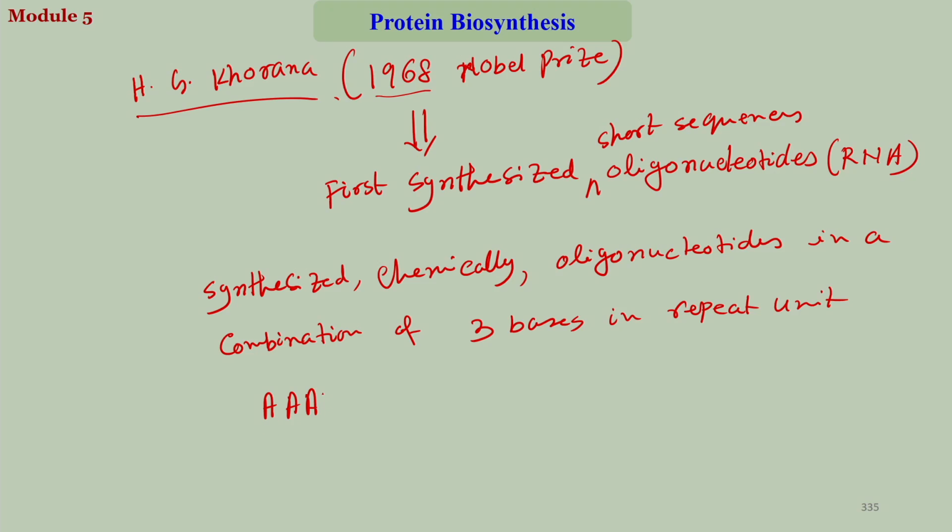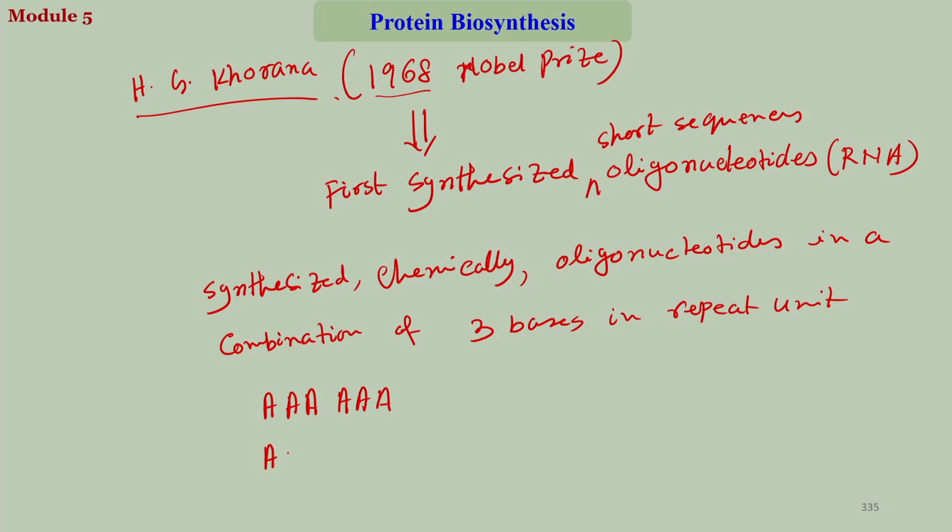So, AAA and then in repeat of AAA, let us just take 2. I think he took 3 combinations at a time, and then you vary and make all possible combinations.